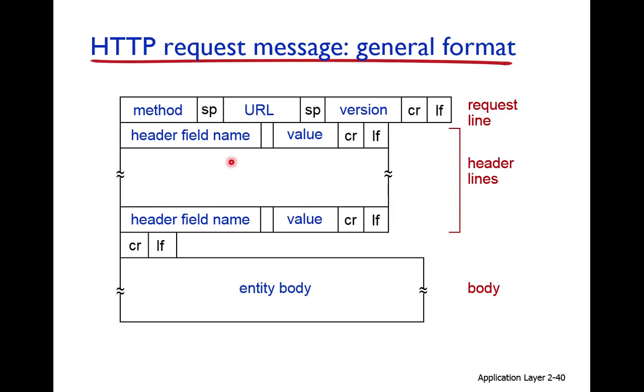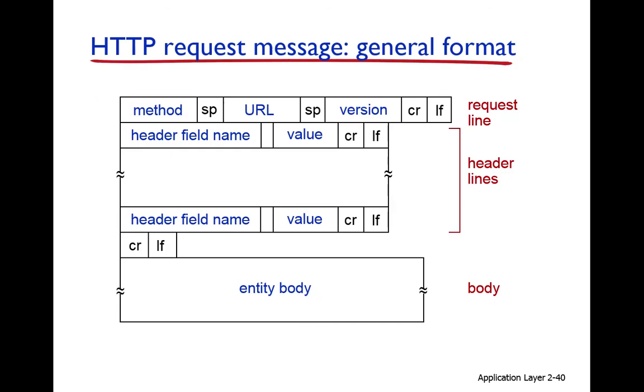On each line there should be one header line, and these header lines can be in any order. So it defines how the HTTP object should be requested, forwarded, and processed. And after all these things are defined, if you want to send input data in the form to the server, this can be attached here in the entity body.